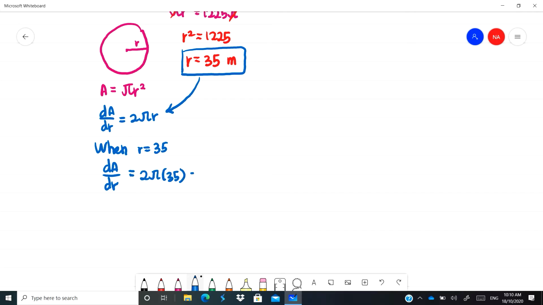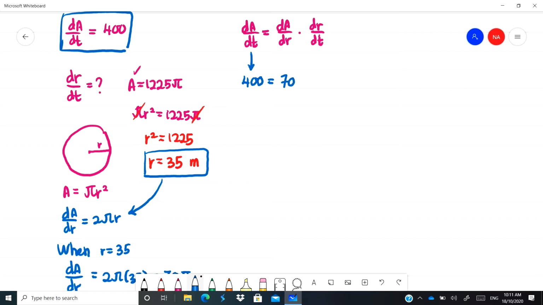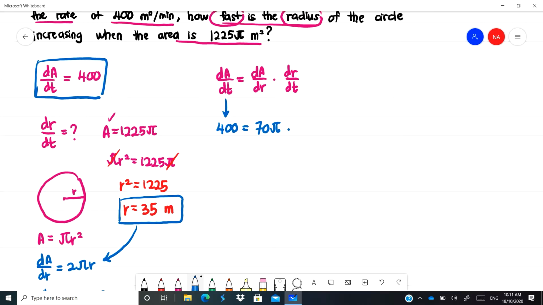So I will have 70 pi. So dA over dr is 70 pi, and I'll just write 70 pi here. Now I want to multiply with dr over dt.